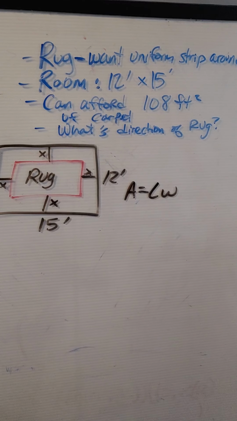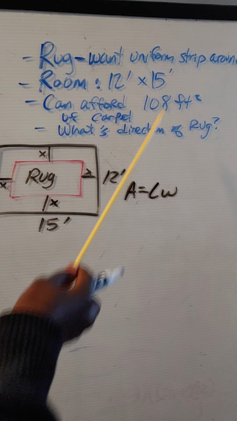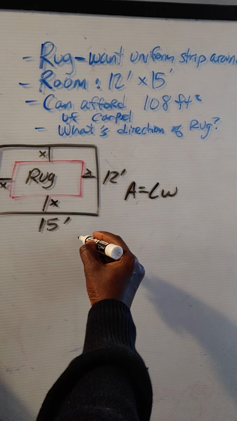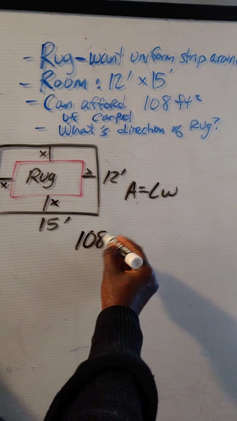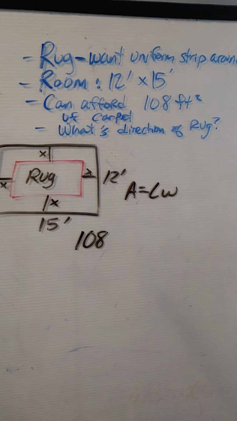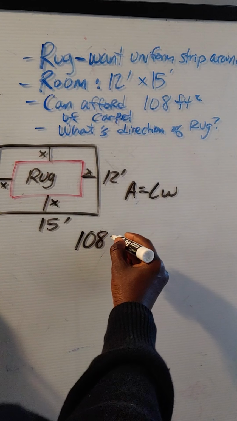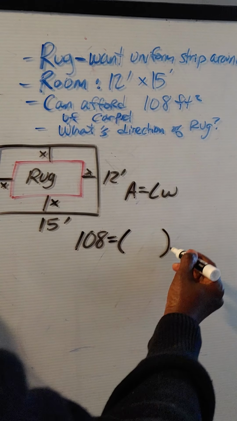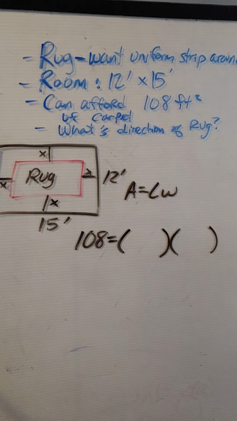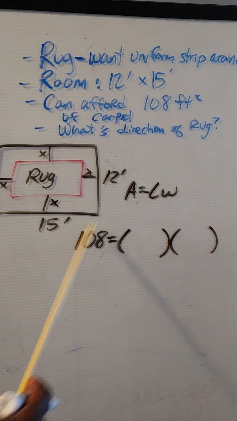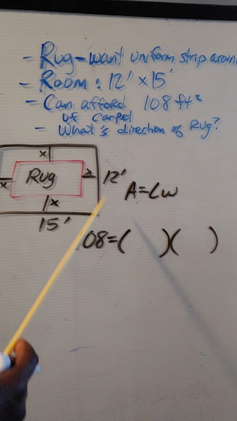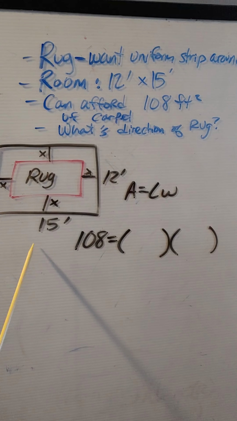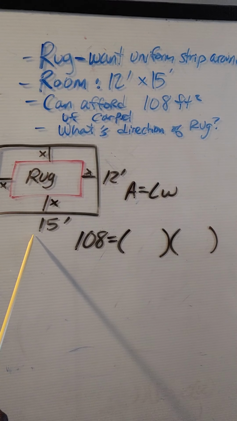We are given the area, 108, so I'm going to write an equation based on our knowledge of the area of a rectangle. 108 is equal to length times width. It doesn't really matter which is L and which is W.